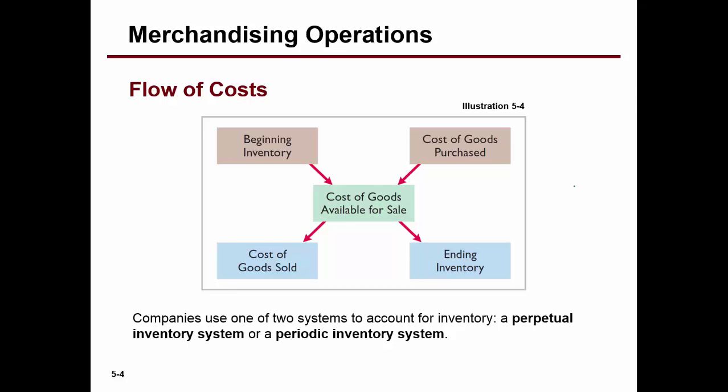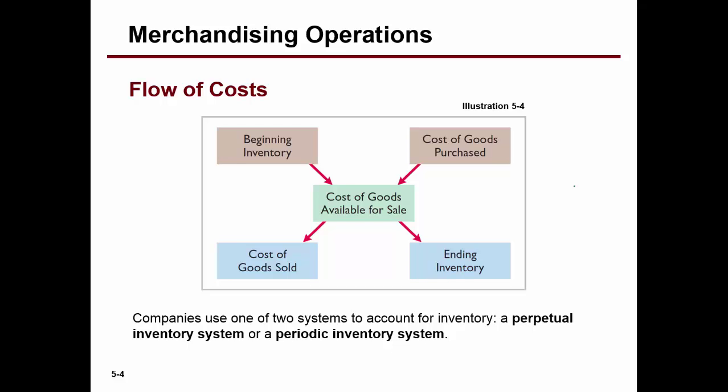Hello? I had beginning inventory. I bought some additional stuff. That gives me what's available for sale. If you walk into my store right after I purchase this stuff, you say, hey, what do you have available for sale? I say, well, I have my beginning inventory plus what I purchased. That's what's available for sale, right?